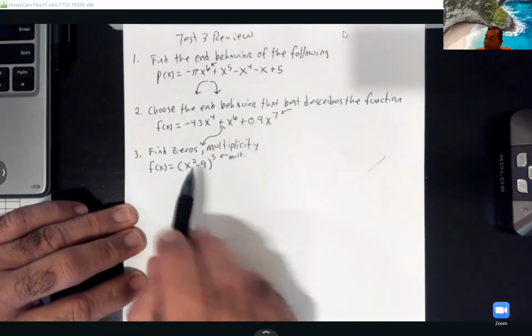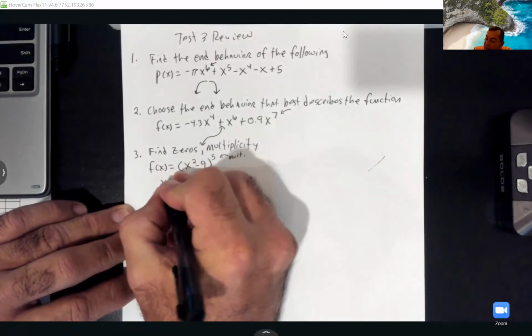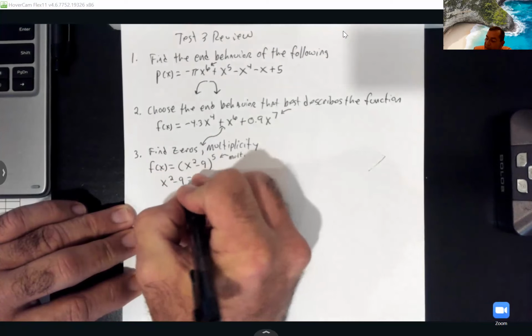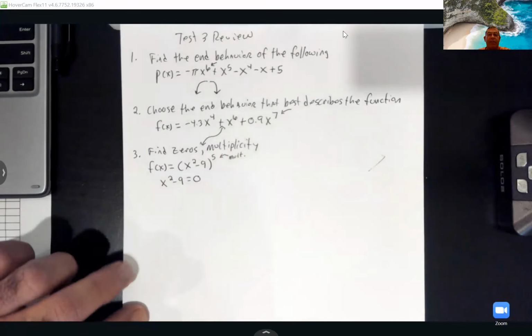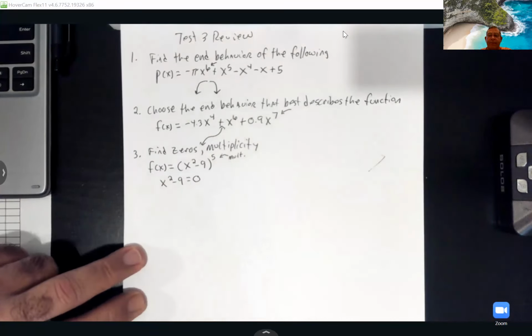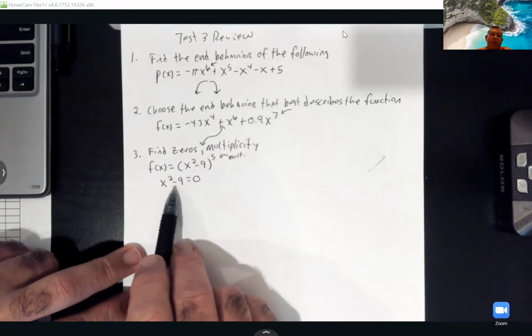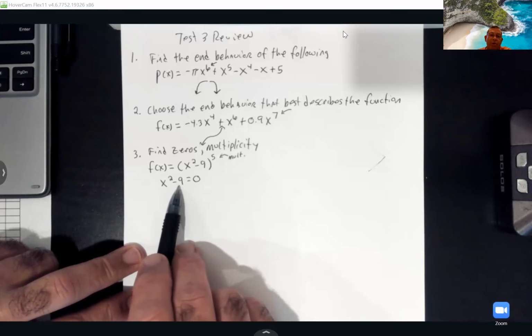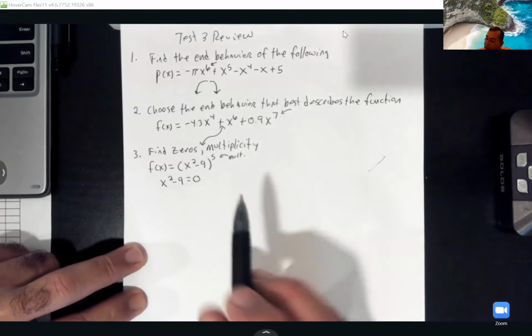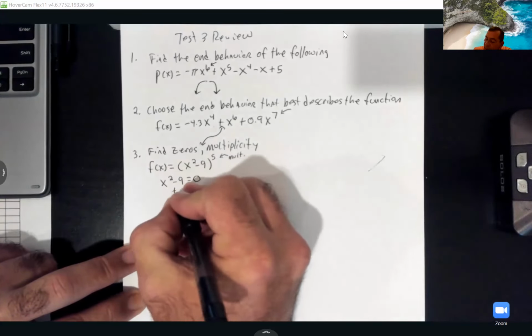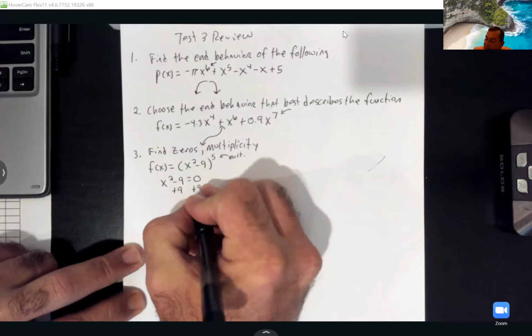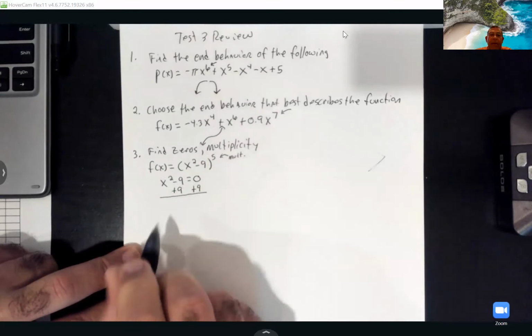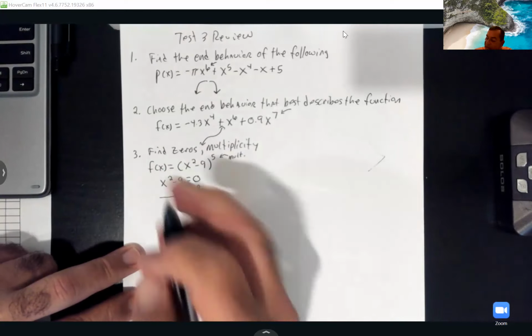So to find our zeros, we're going to take x squared minus 9 and set that equal to 0. All right, y'all. So you could factor this or square root it. I'm going to do square roots because they're sort of quicker. So to do the square roots, I'm going to add 9 to both sides. And that'll give me x squared equals 9.